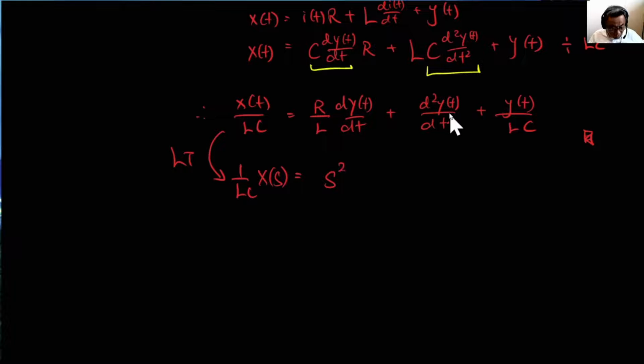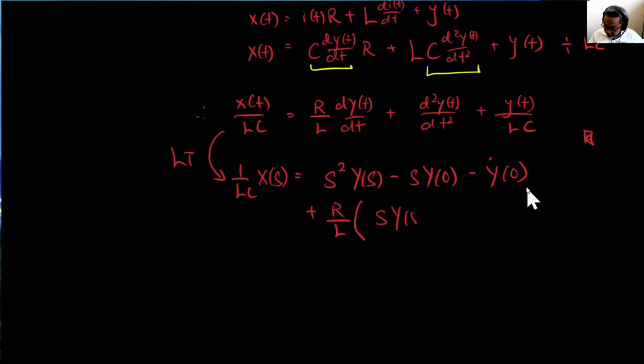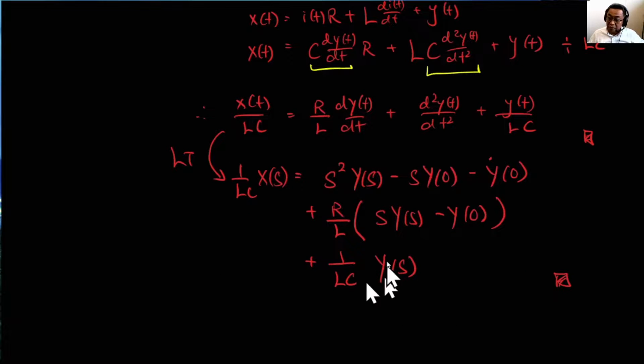We have s squared Y(s) minus s y(0) minus y'(0). These are the two initial conditions that are required. The second term is plus R over L, open up the bracket, s Y(s) minus y(0), and then plus 1 over LC Y(s). So this is the equation in the s domain of the differential equation.